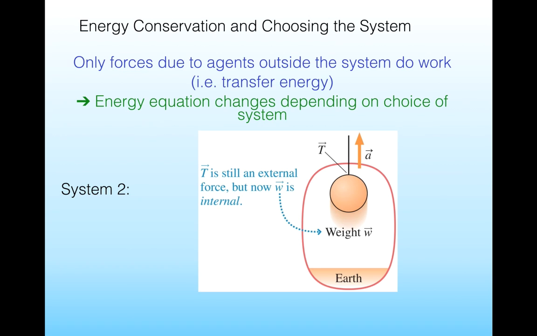That means that only the tension is an external force causing that acceleration, whereas the weight is now an internal force. And that means that our equation for energy conservation will change. Now we have the change in kinetic energy plus the change in the gravitational potential energy is equal to the work that's being done on the weight.